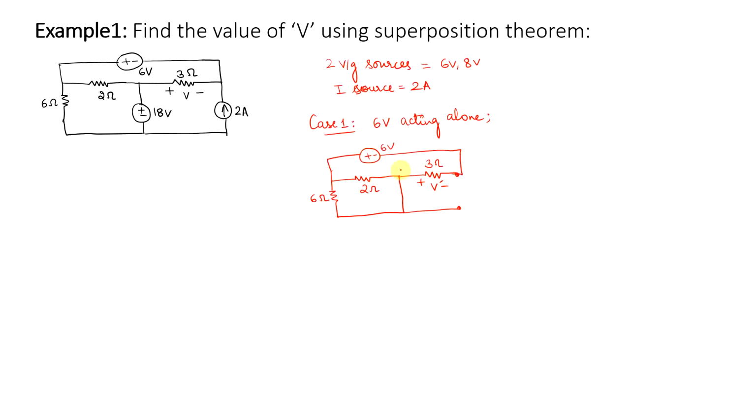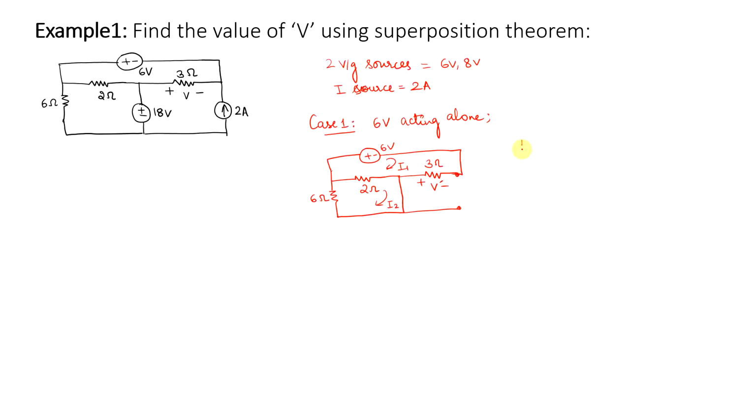Next, we just apply mesh analysis to the circuit and solve the numerical. Consider the two mesh currents, this is I1, this is I2. Write the equations for the two meshes.